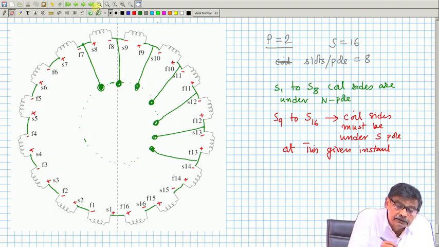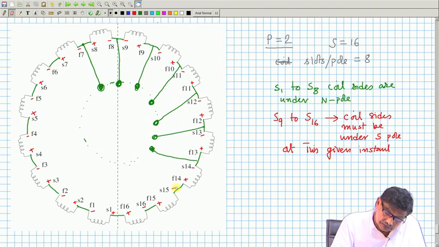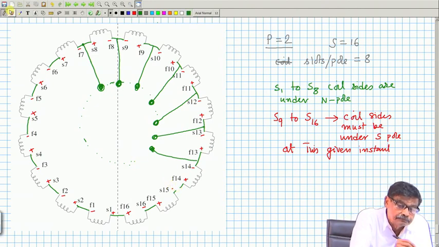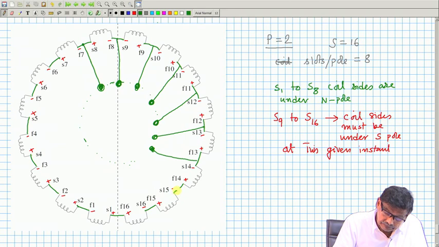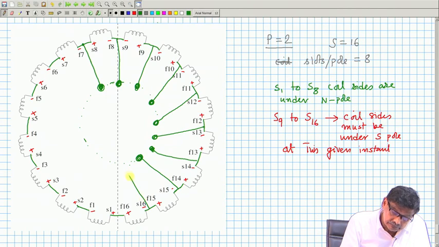This is how I will complete the diagram.